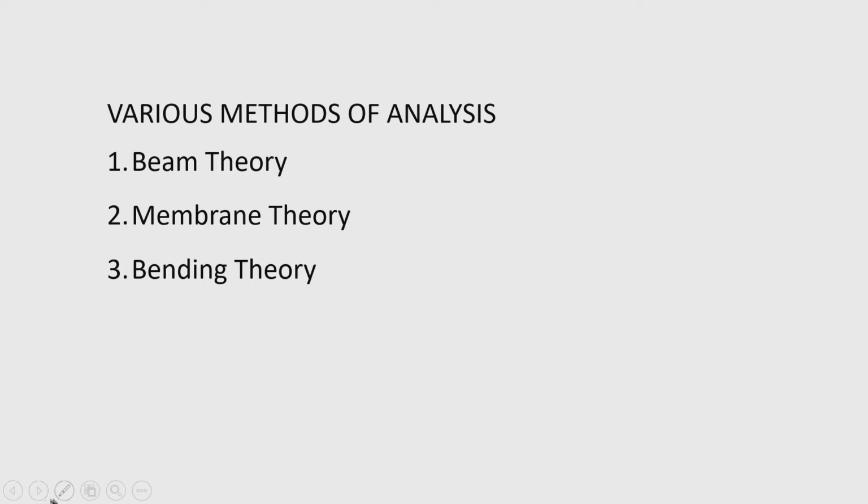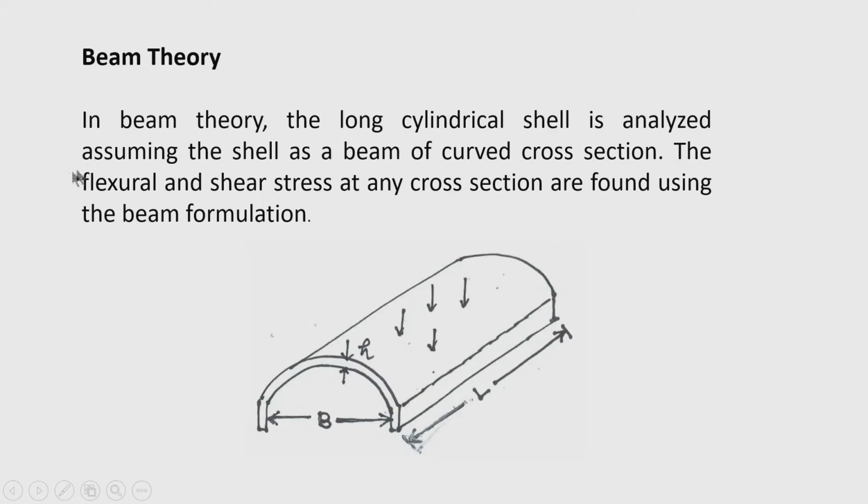So, let us see what is beam theory. In beam theory, the cylindrical shell can be idealized as a beam whose span is L, and the cross section of the beam is curved. The curved cross section of the beam is seen here.